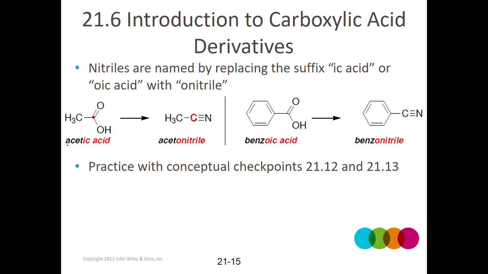So here again we're changing the suffix and replacing it with a different suffix. So acetic acid becomes acetonitrile. Benzoic acid becomes benzonitrile. And so the nitrile is the way to describe a CN as a parent, if it's part of the parent chain. And again, we're replacing the ic acid with some other suffix if we're changing a carboxylic acid into one of its derivatives.